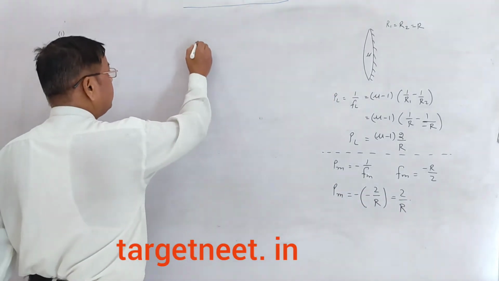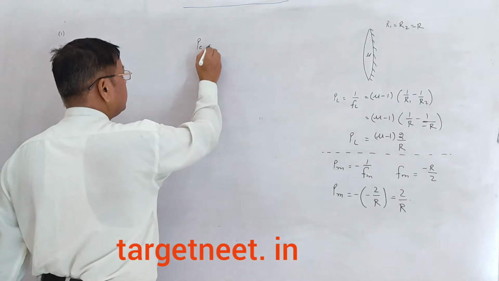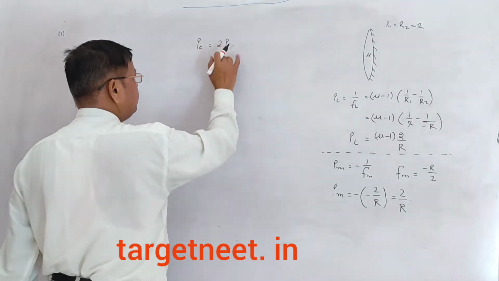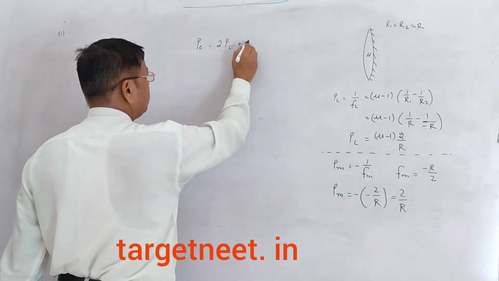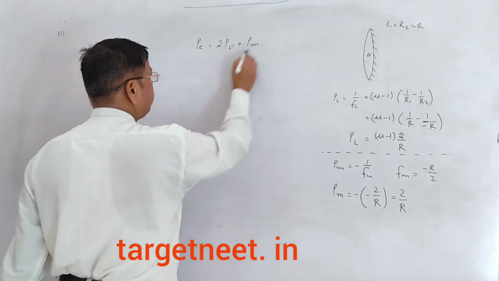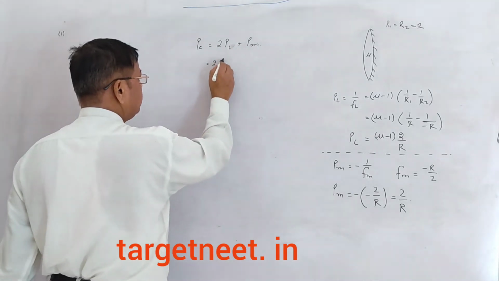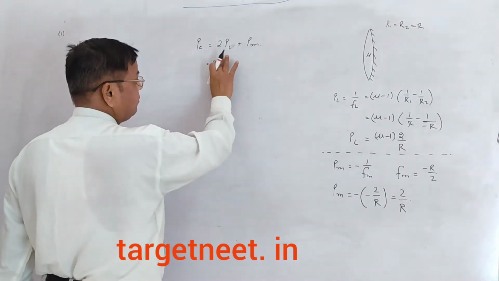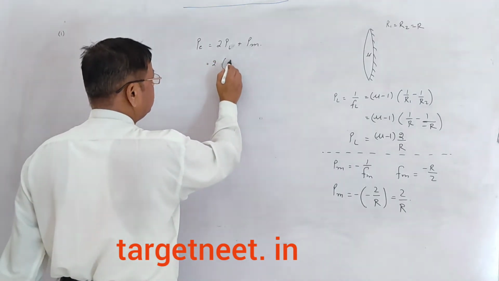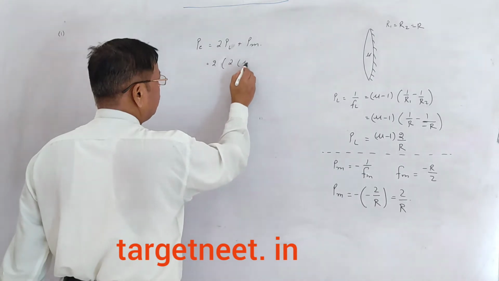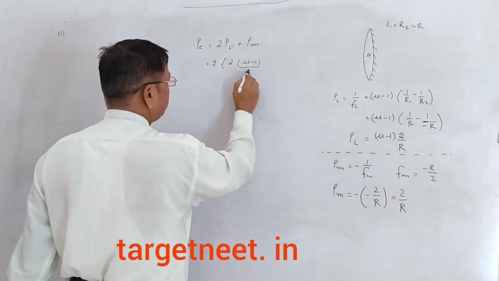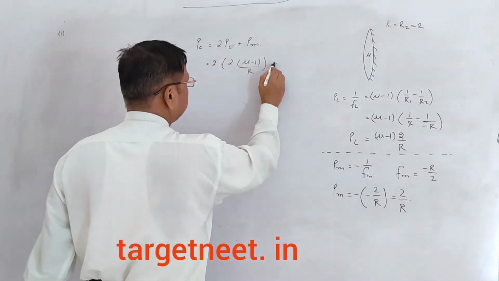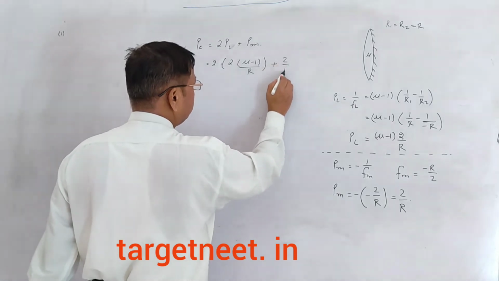Now effective power, twice the power of lens plus power of mirror, so twice power of lens is 2 mu minus 1 upon r plus power of mirror 2 by r.